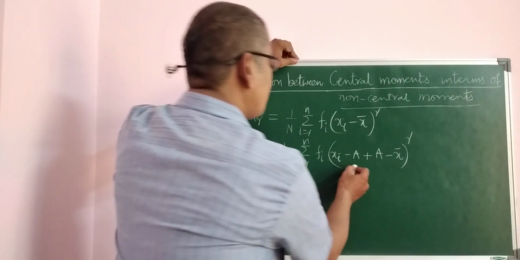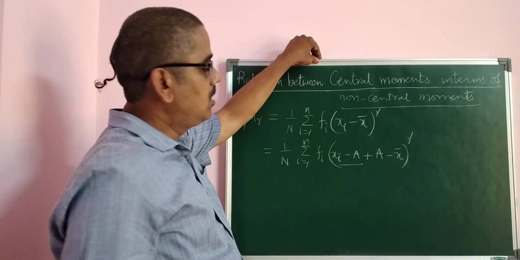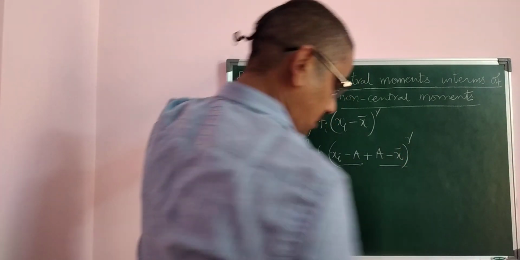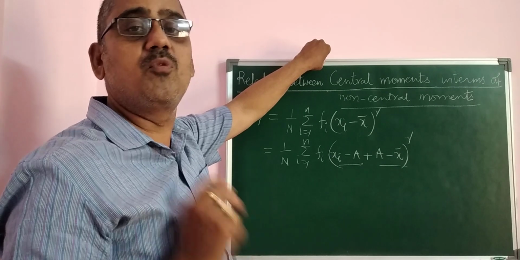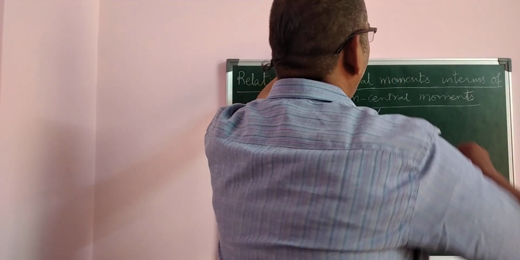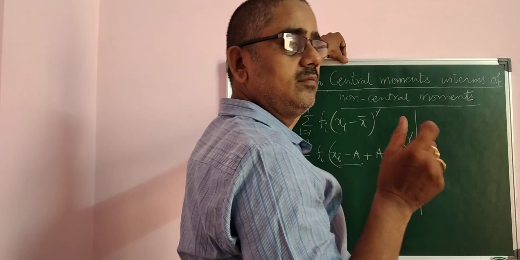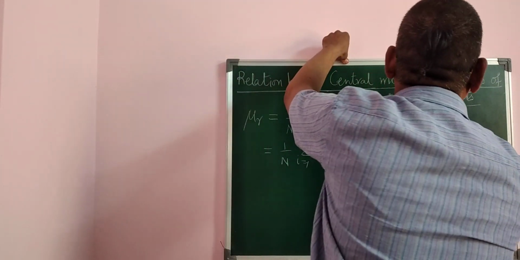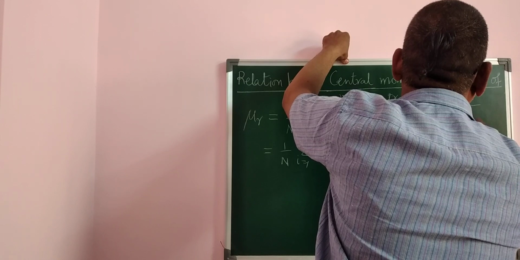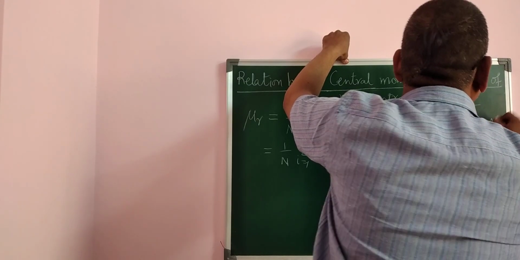So what is xi minus a? It is di. And what is a minus x bar? It is minus mu 1 dash. Let me write the formula to understand this a little. di is equal to xi minus a.